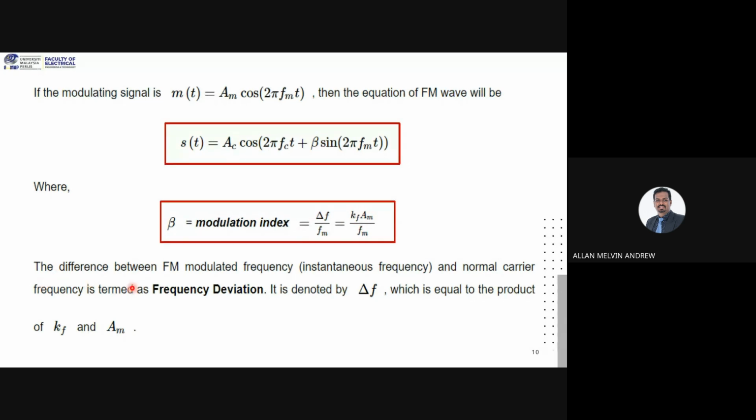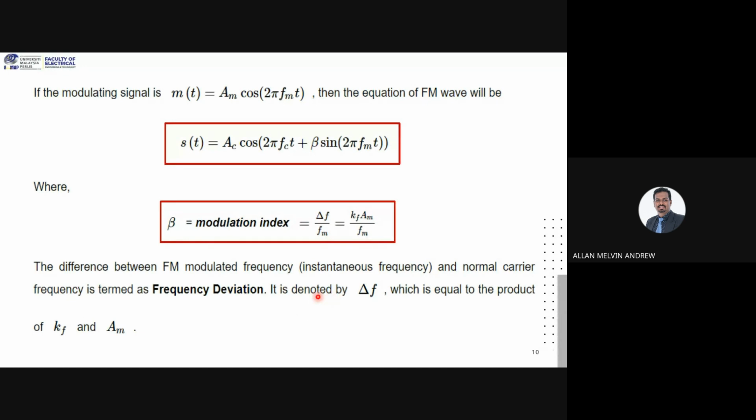The difference between the FM modulated frequency, the instantaneous frequency, and the normal carrier frequency is termed the frequency deviation. Normally we already have a normal carrier frequency. When you attach a message signal, you can have certain changes, which will determine the frequency deviation from the original carrier frequency.